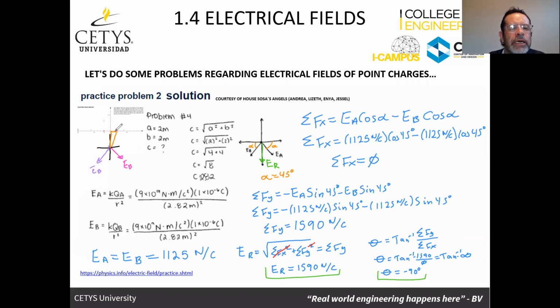And in that triangle, since it's a right triangle and the distances are the same, if this distance is the same as this distance, this angle is going to have to be 45 degrees, which means this angle is 45 degrees. And since there's a symmetry here, that also means that this angle is 45 degrees.